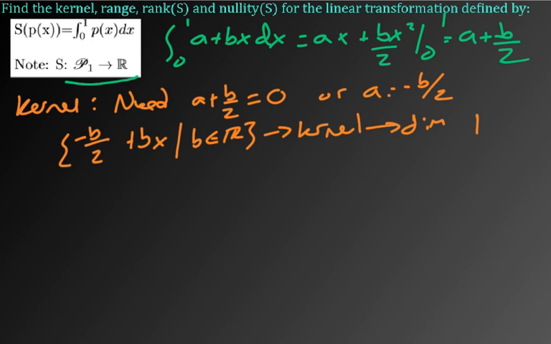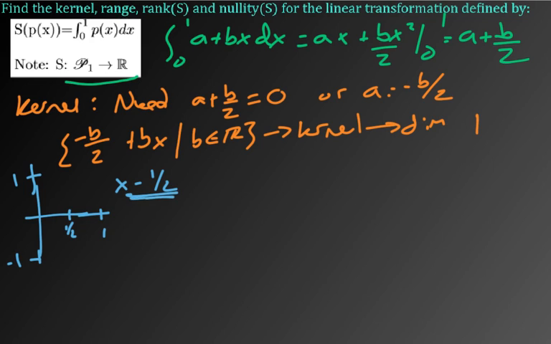And one of the neat things here, you can kind of see this. If you take, say, b equal to 1, you're going to get x minus a half. So that's about minus a half at 0, and if you plug in 1, you get a half.